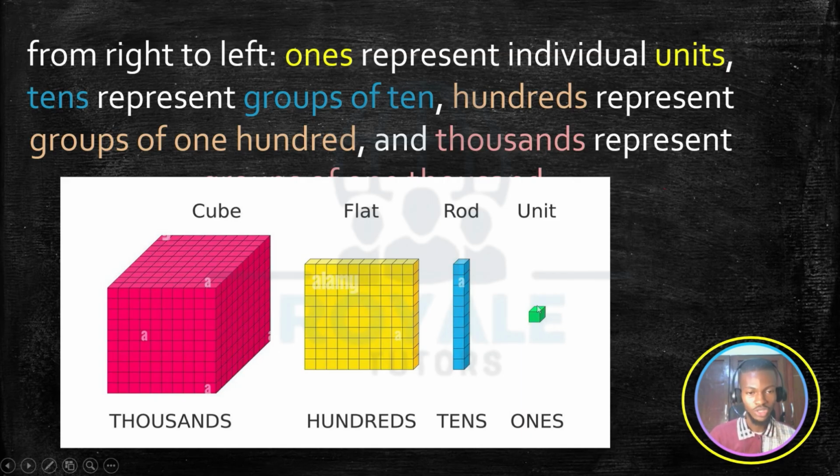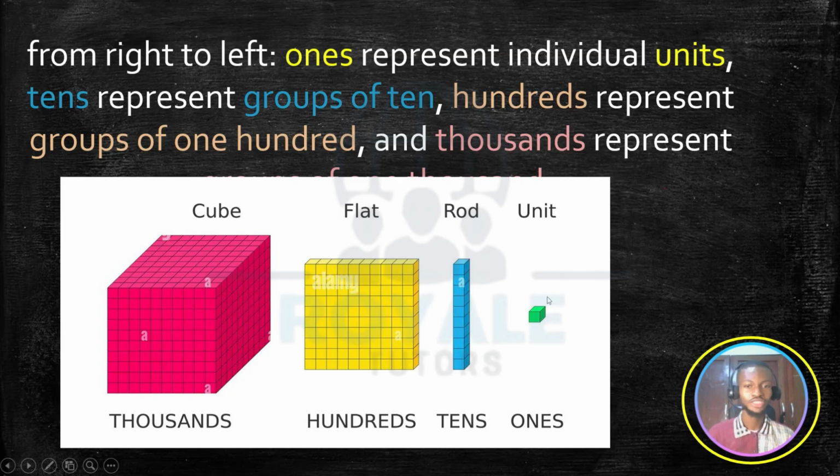On the ones we have just a cube in this unit called ones, but in this one called rod we have 10 of this. While on the flat we have 100 of this, or 10 rods.